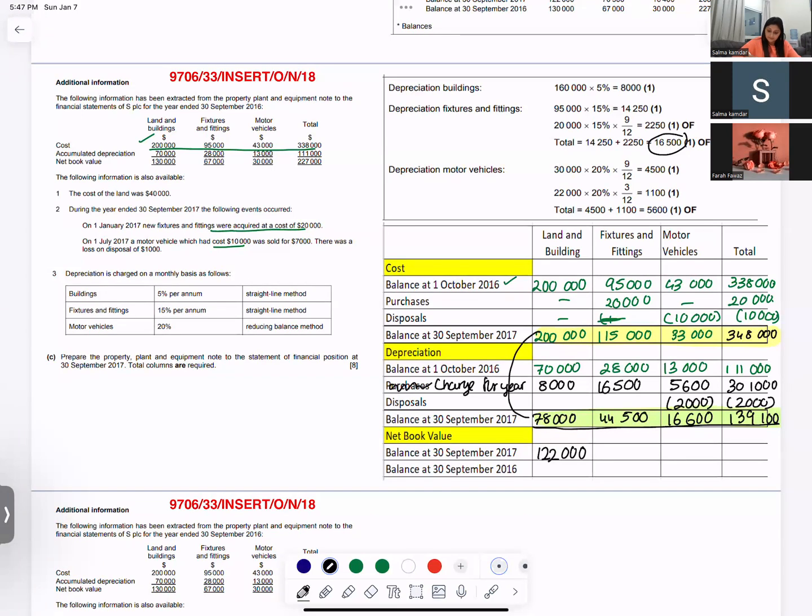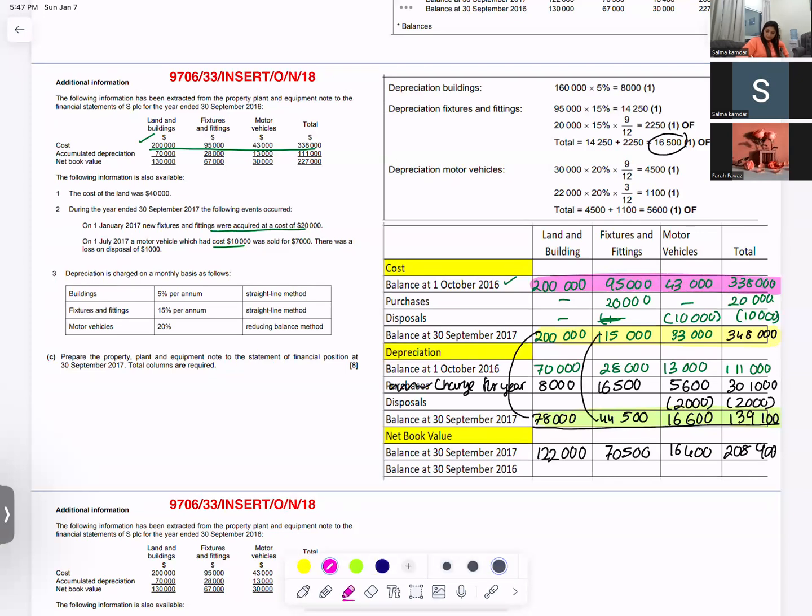Buildings is 122,000. And 7,500, and 16,400. Total net book value? 208,900.